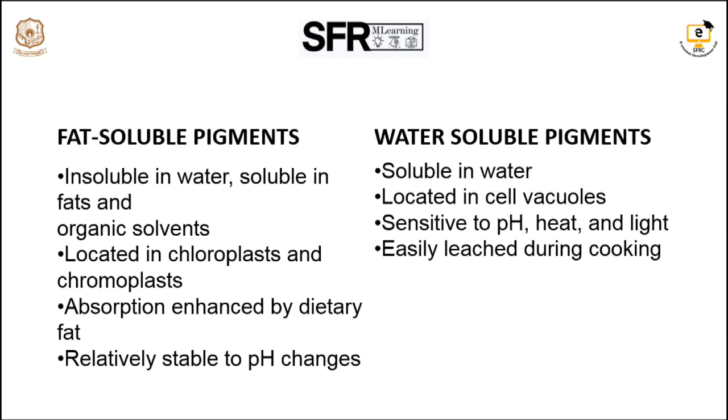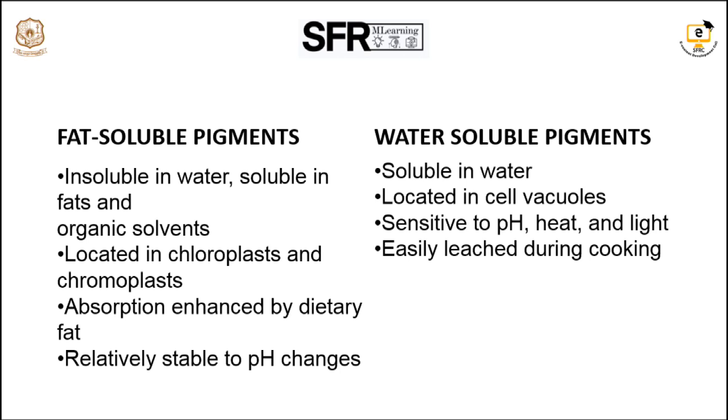As for location, these fat soluble pigments are located in the chloroplast and chromoplast of plant cells. In the chloroplast, the chlorophyll pigments are there. In the chromoplast, the carotenoid kind of pigments are located. At the same time, the water soluble pigments are present in the cell vacuoles, so they readily dissolve and leach out into the water during the process of cooking.